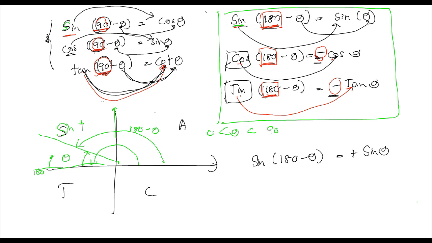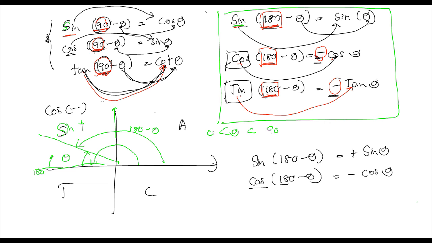When you have cosine 180 minus theta, cos is negative in this quadrant, and that's why you need to put a negative, and then you just put cos theta, because when you associate with 180, your ratio doesn't change, you keep it as it is.